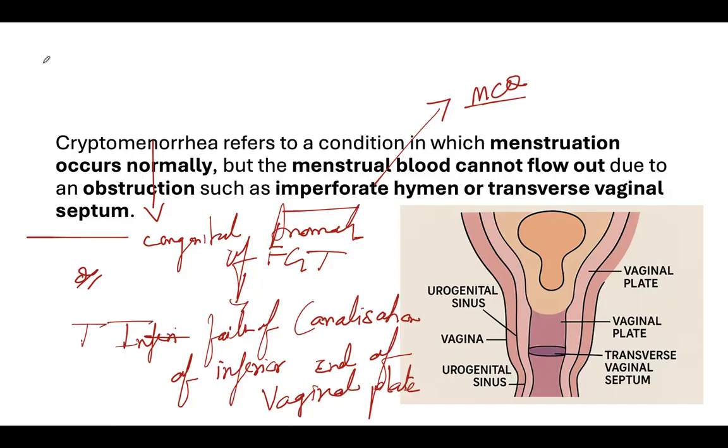Suppose in clinically oriented cases, a patient who is about 13 or 14 years old has come to your clinic with a complaint that she has a pain in the abdomen every month, and she doesn't know the reason, but she always feels tender in her lower abdomen.